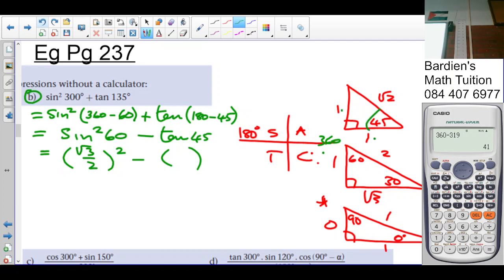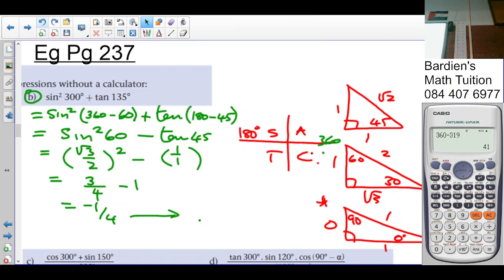Opposite over adjacent. So that's going to be 1 over 1. So root 3 over 2 squared is root 3 times root 3 is 3 over 4, 2 times 2, minus 1, which is negative. Alright? Any confusion here? No?